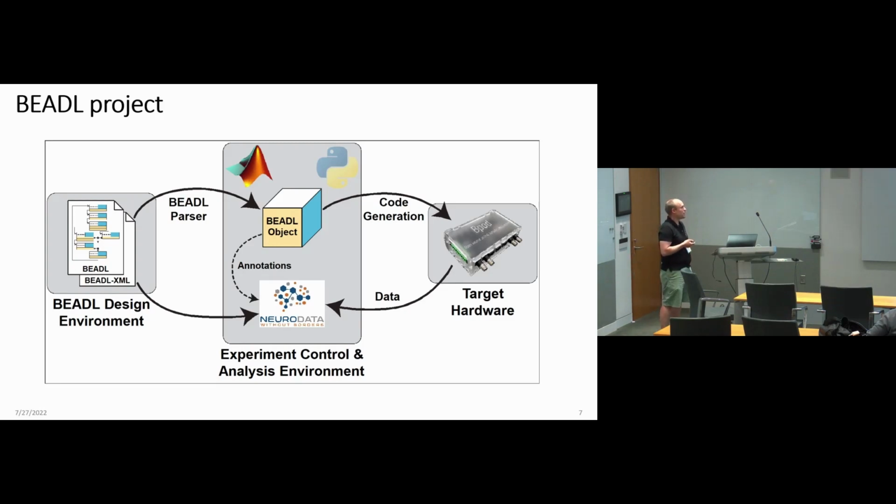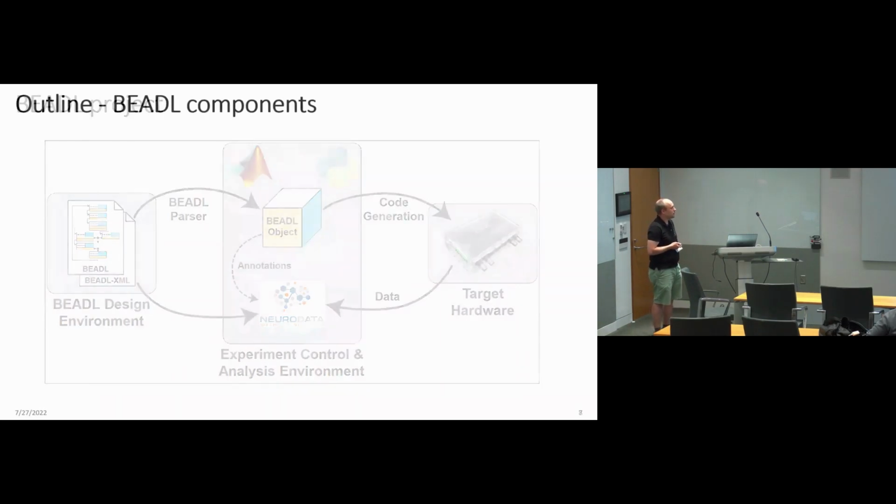For now, we need a bit of knowledge about the associated hardware to generate the underlying BEADL object, and from that generate the code and get the data back. With the knowledge of how the task was set up and what objects were used, we can store it in an NWB compatible format, and then it can be transferred into an NWB container.